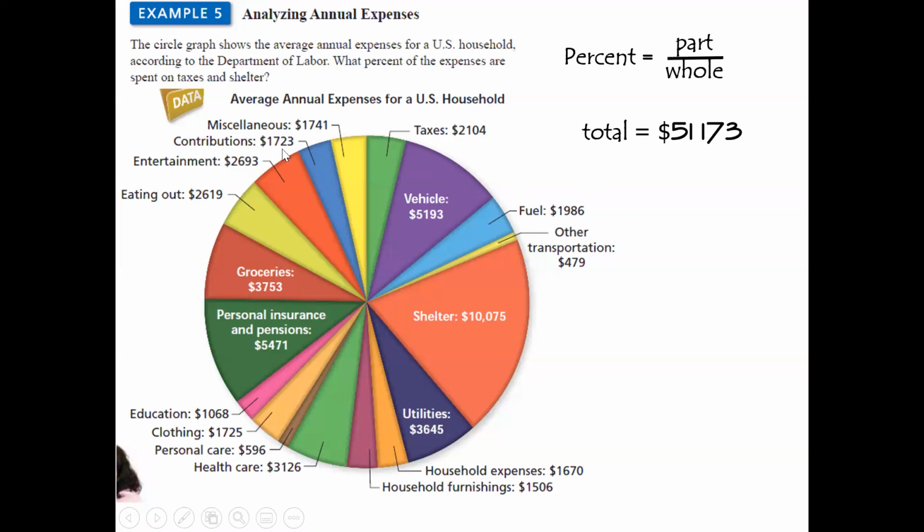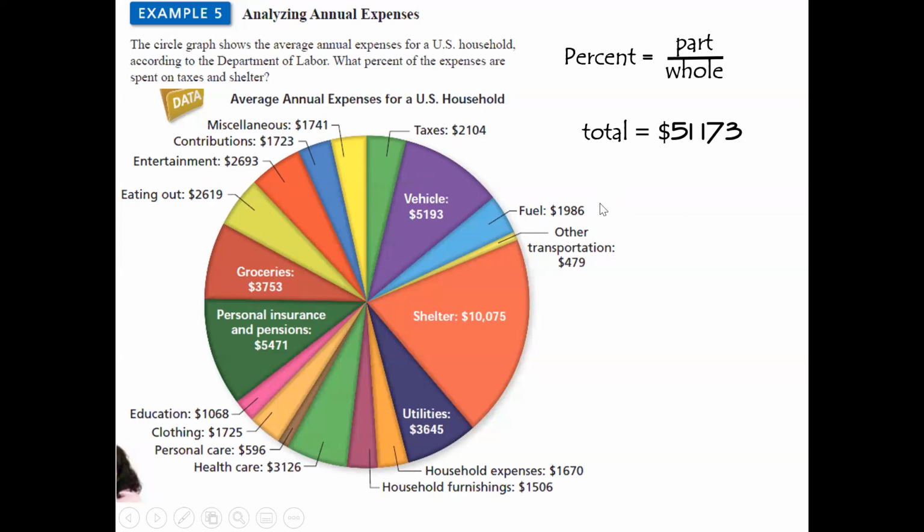Add this, and this, and you should get 51,000. So that's the average yearly income a person gets. So this is the total pie. The total pie is 51,173. These are little pieces of the pie.